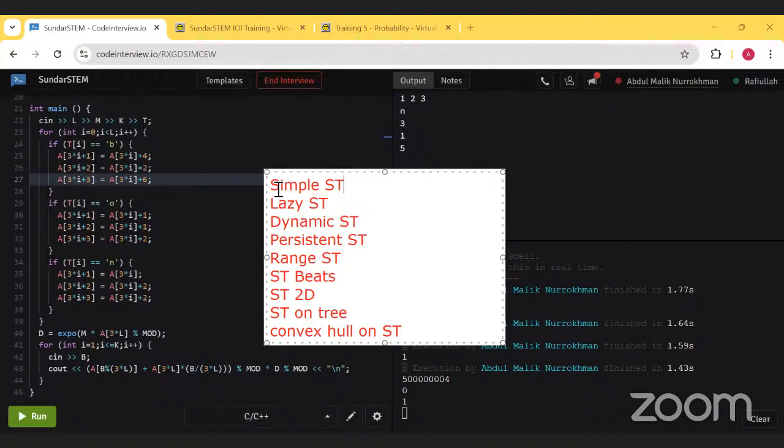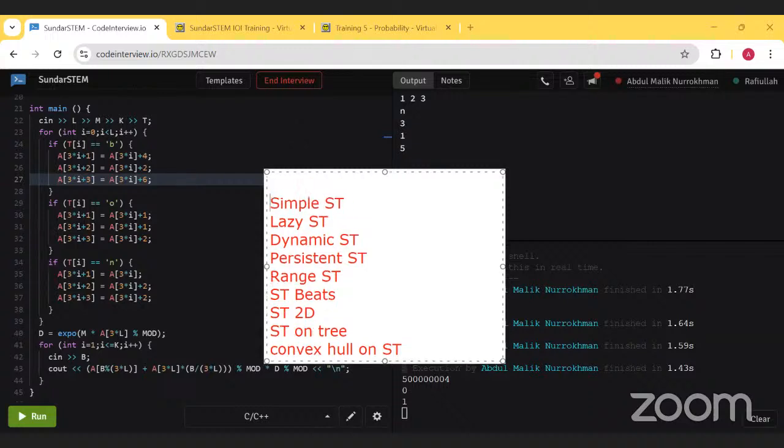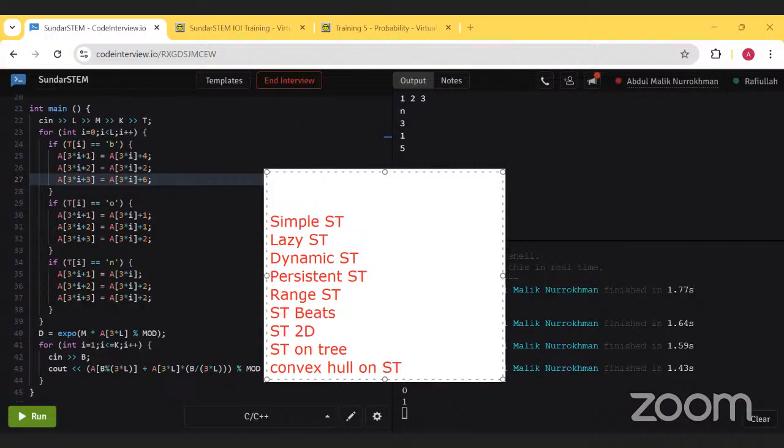And then usually if we want to discuss segment tree, we start from Fenwick tree first. But I think because you already know segment tree, we can skip it or discuss it again later.